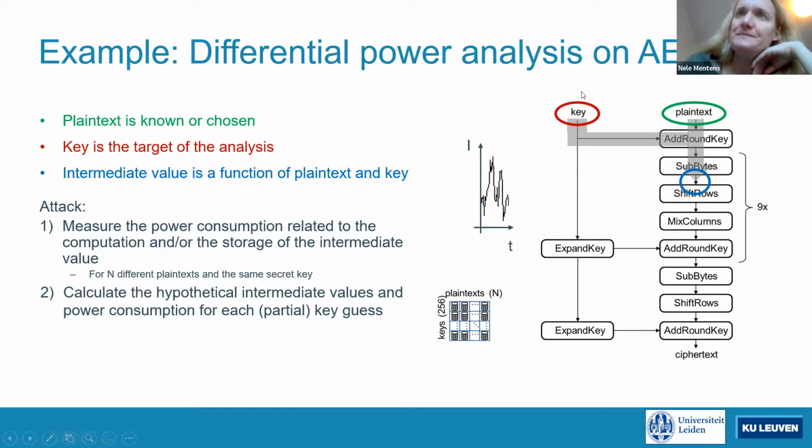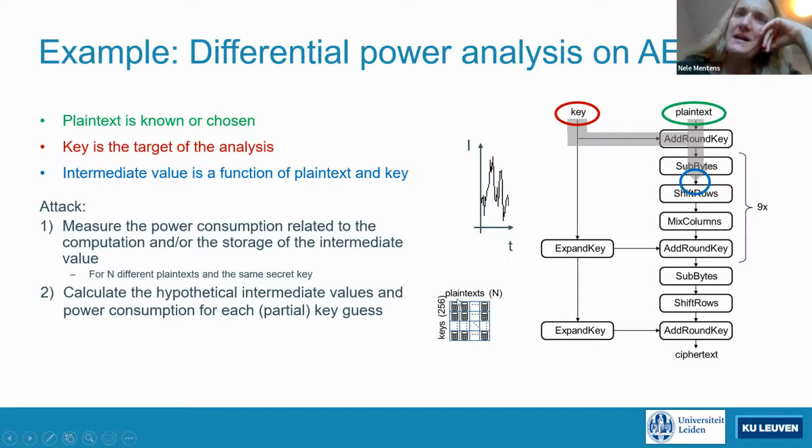And actually, this guess only focuses on one byte of the key, for example. So when we focus, for example, on the least significant byte of the key, then what an attacker can do for these 8 bits or byte, the least significant byte, there are 256 different possible values. The attacker also applies n different plain texts.